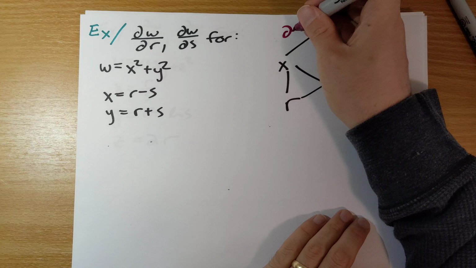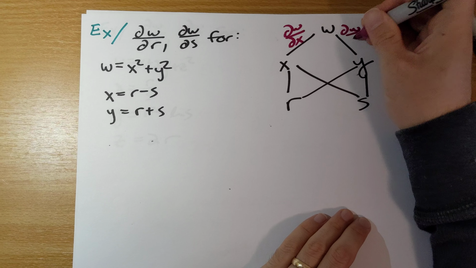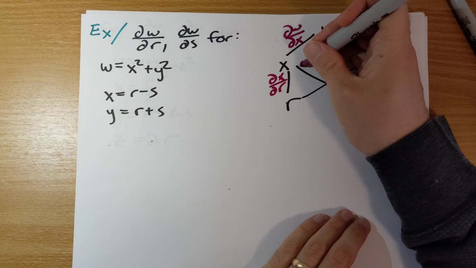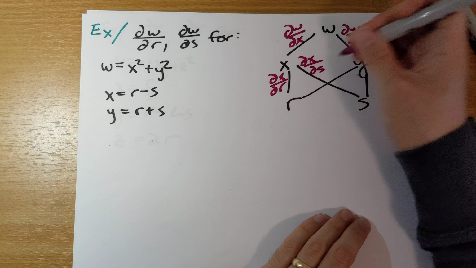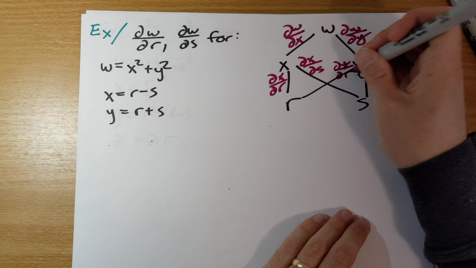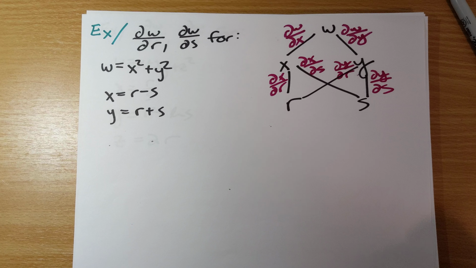We need to compute partial w, partial x, partial w, partial y, partial x, partial r, partial x, partial s, partial y, partial r, partial y, partial s. So we need to compute these 6 partial derivatives.